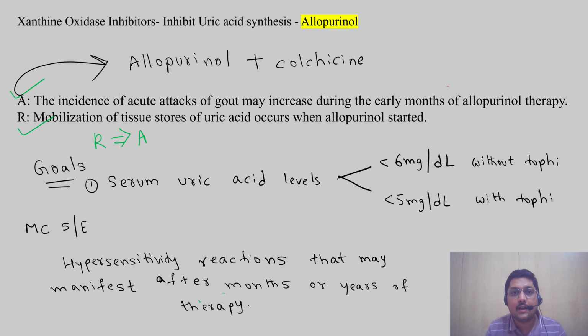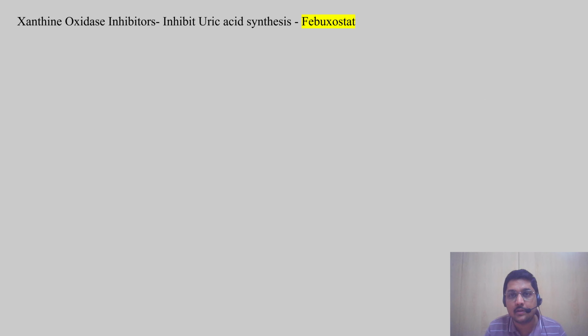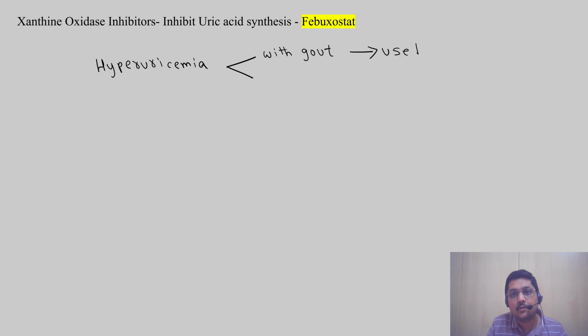Okay, what is the other agent among the xanthine oxidase enzyme inhibitors? Febuxostat. Okay, what are the things which we should remember about febuxostat? Yes, it is indicated for the condition of hyperuricemia. But for all hyperuricemia, will febuxostat be used? No. When hyperuricemia is associated with gout, febuxostat is used.